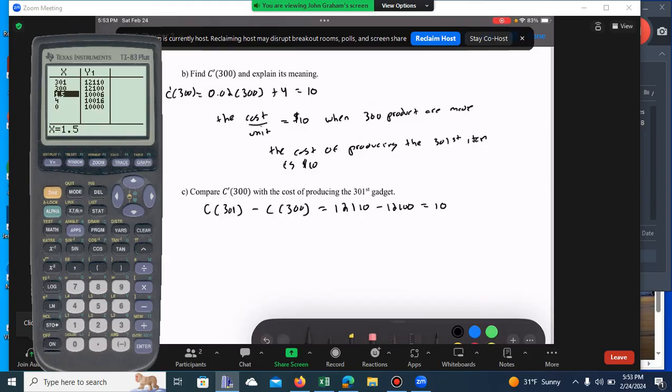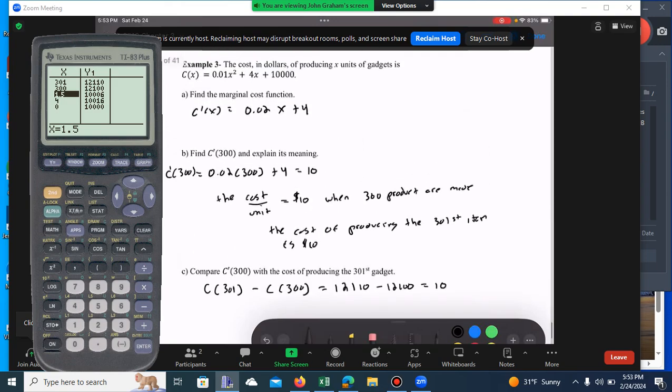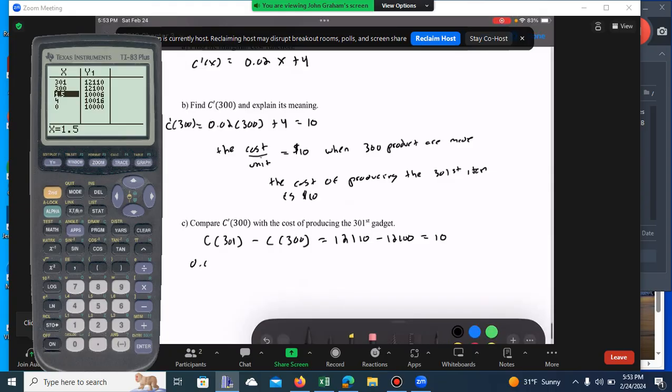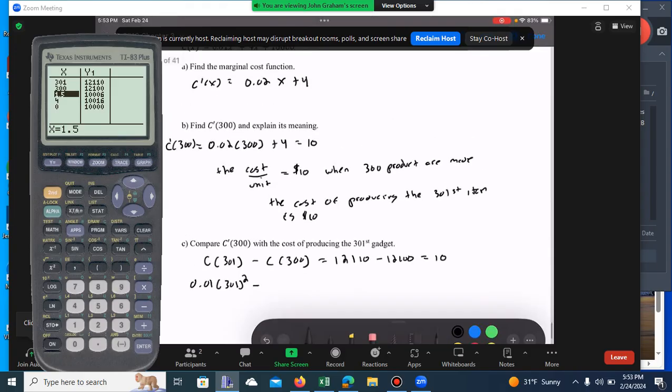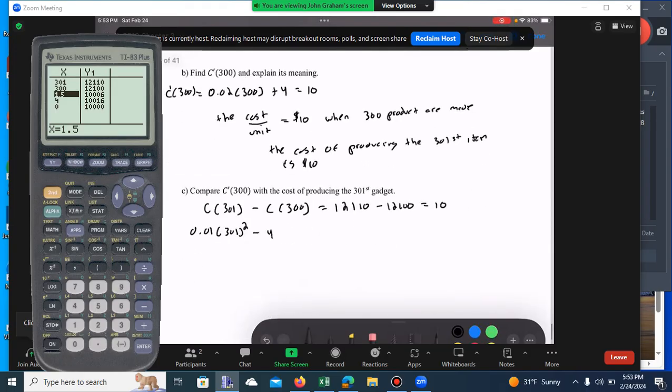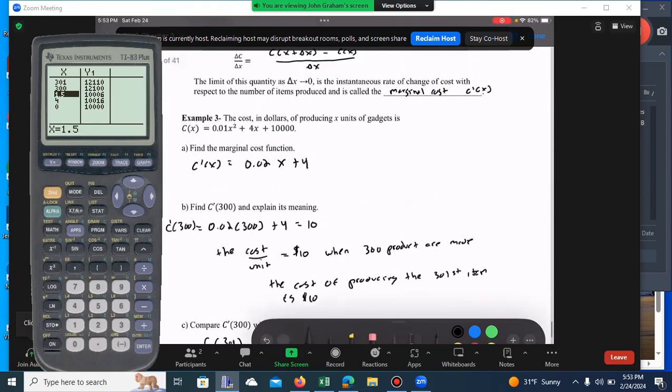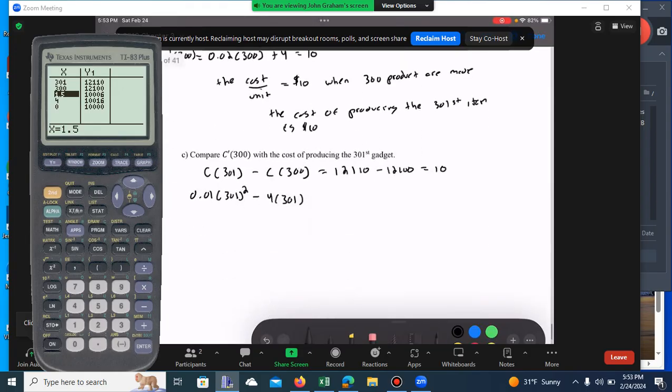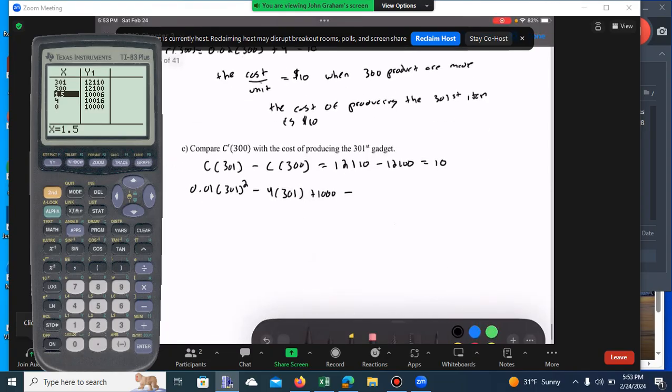If we were to actually calculate this out: 0.01 times 301 squared plus 4 times 301 plus 10,000, minus 0.01 times 300 squared plus 4 times 300 plus 10,000.